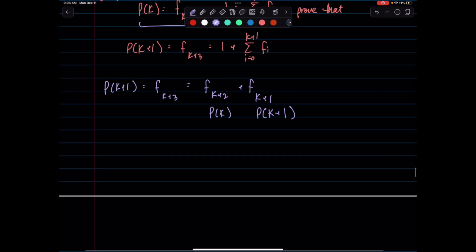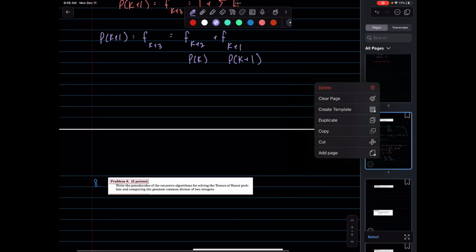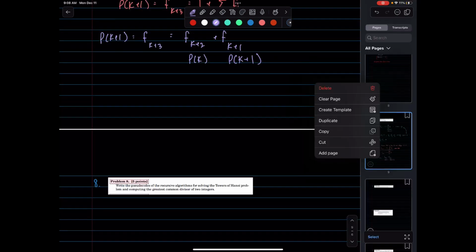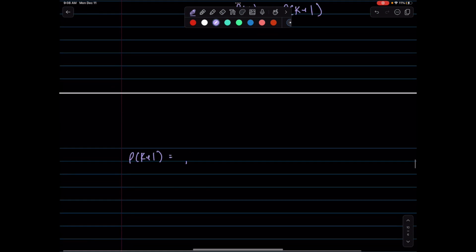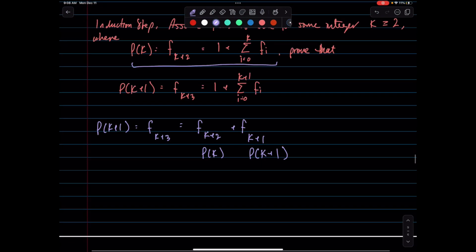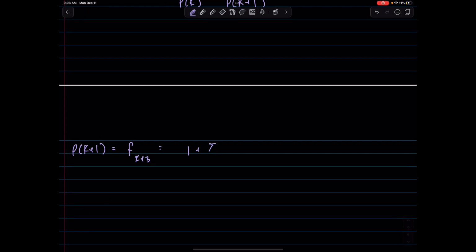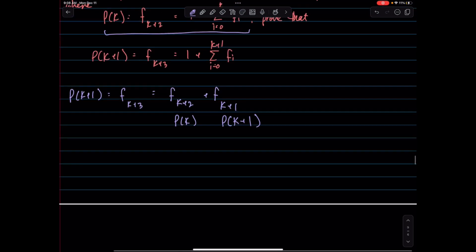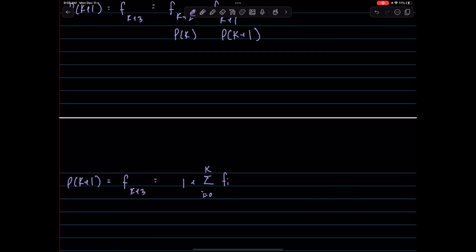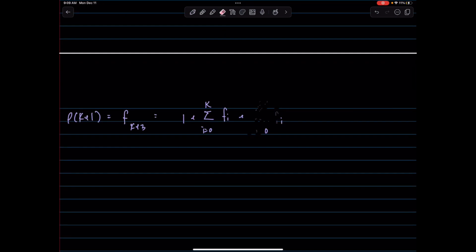Now we can transform these, where p of k plus 1 is equal to 1 plus the summation from i equals 0 to k of f of i plus the summation from i equals 0 to k minus 1 of f of i. Or rather, we could just keep this as f of k plus 1.